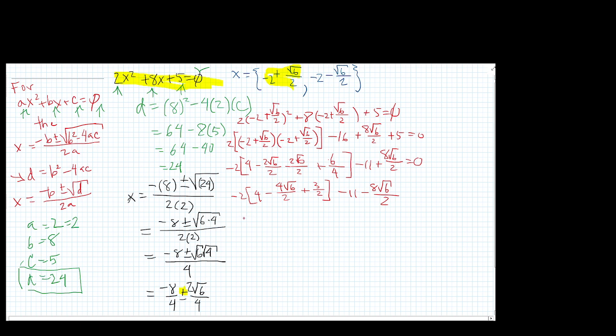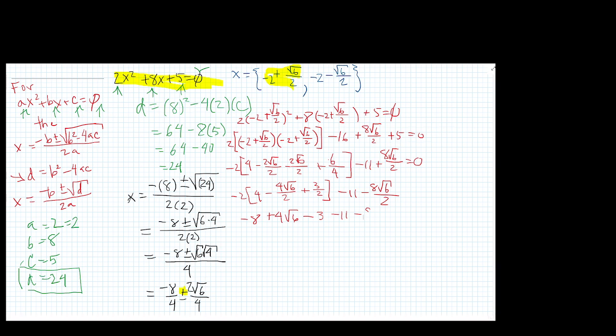So minus 2 times 4 is negative 8. And negative times negative is positive, and then you get 4 square root of 6. And negative times positive is, what is it? Negative. And you get a 3 there. Remember the 2's cancel when they multiply in there. And now we get our minus 11 minus, what's 8 divided by 2?